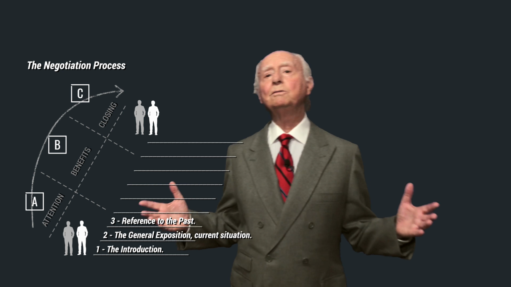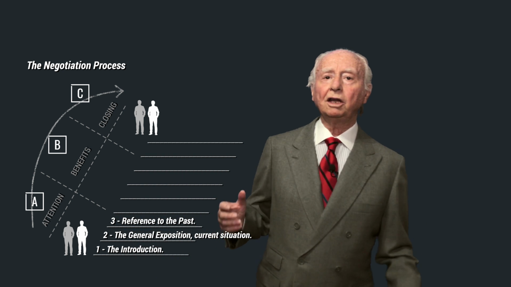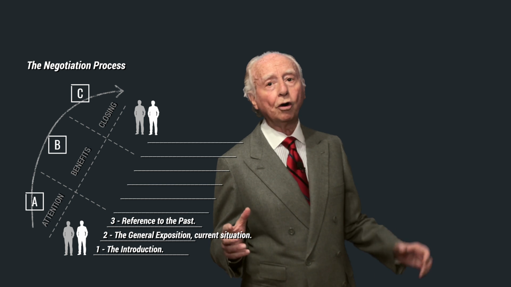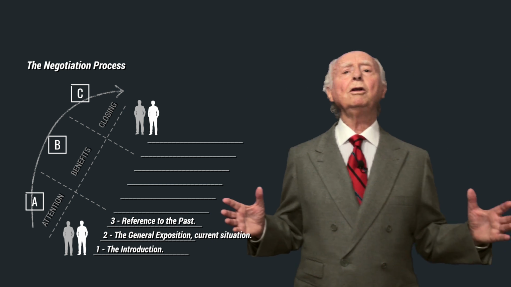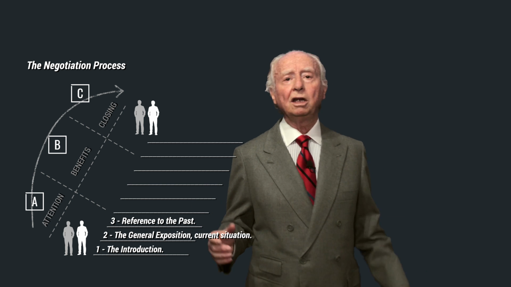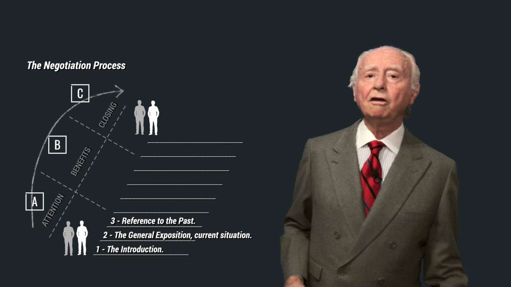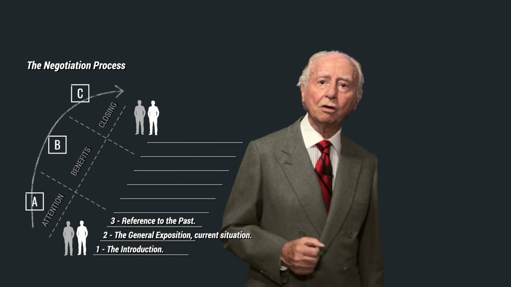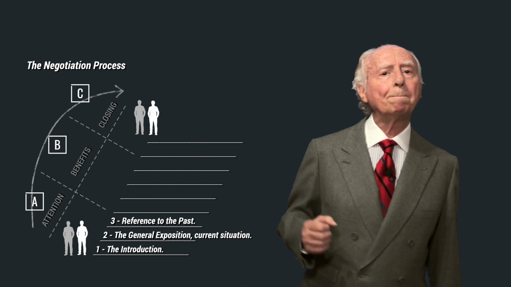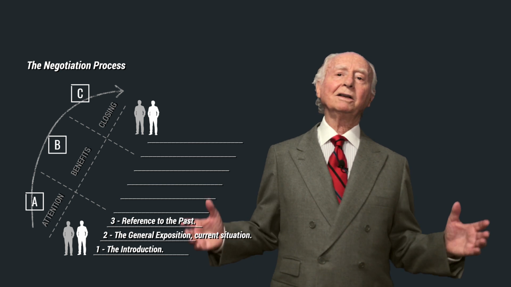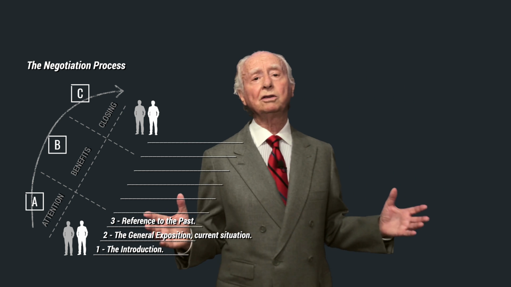I say this because that initial part of the attention curve, that is the attention in the negotiation process, would include these 3 stages that we have just described, that is to say, first introduction, second current situation, and third reference to the past. But let us continue with the negotiation process.